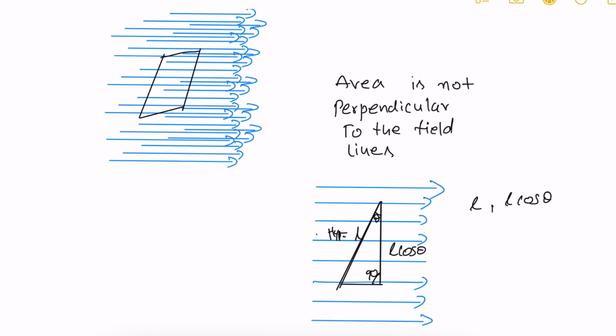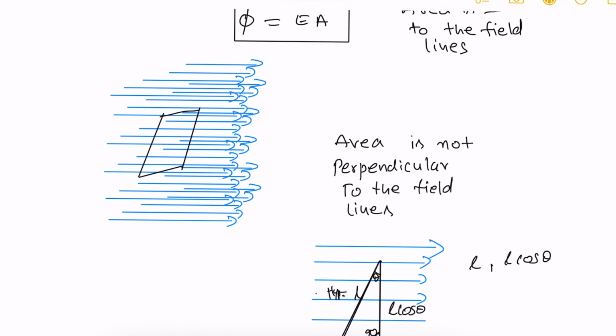Right, now coming to this picture. Now the area is projected in the perpendicular direction to the field lines, then we get it like this one. So what is this area?